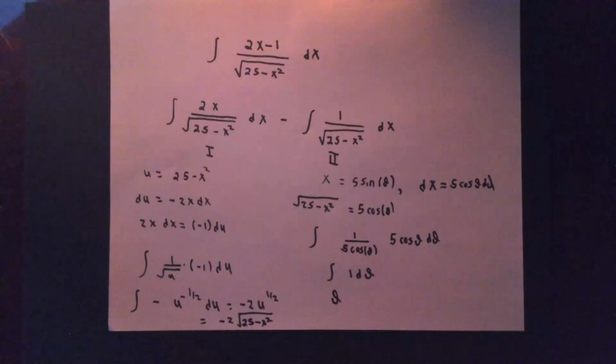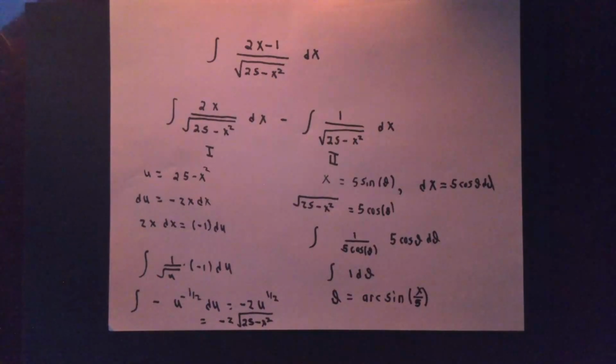Doing the suggested substitution, in the end, I have to calculate the integral of 1 with respect to variable theta, which is theta. Then I have to remember what the connection between theta and x is.